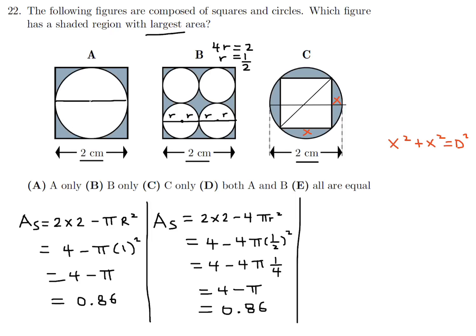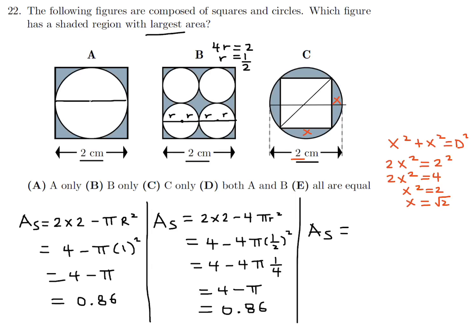Using Pythagoras. So 2x squared is equal to the diameter squared. Diameter is 2. So we got 2 squared. So we got 2x squared is equal to 4. x squared is equal to 2. And therefore x is root 2. Like that. So now let's go back and figure out the area of the shaded region.